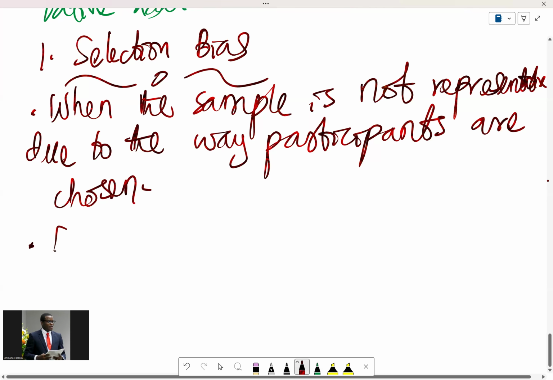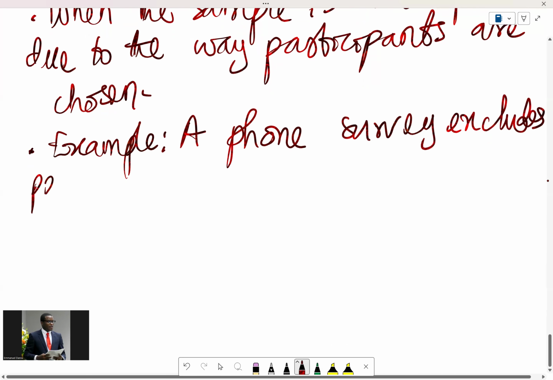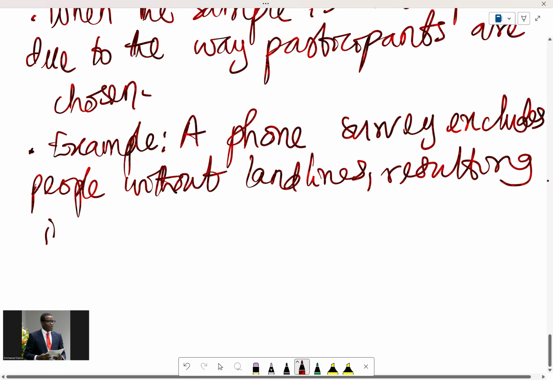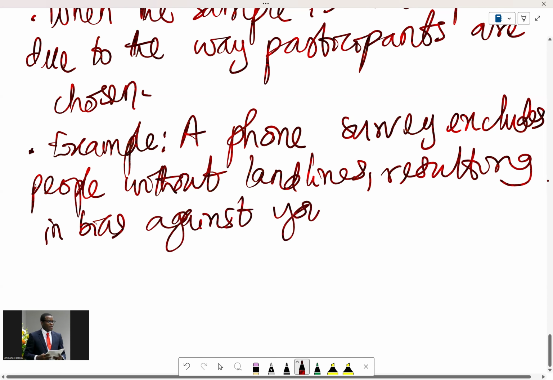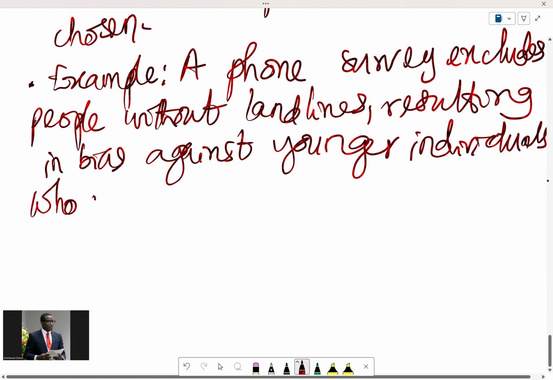For example, a phone survey excludes people without landlines, resulting in bias against younger individuals who may primarily use cell phones.